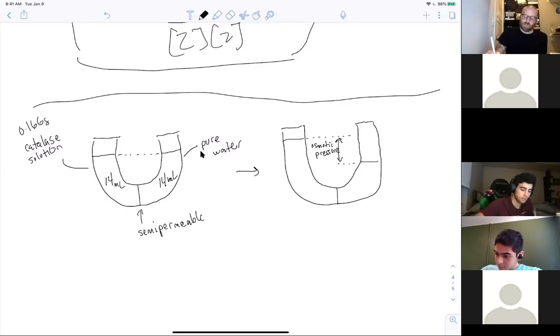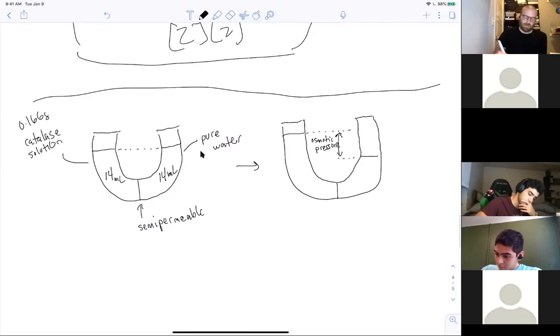And so we can use this to back calculate what the molecular mass is. So the osmotic pressure equation is this. For some reason they use pi for this, and it's related to the molarity times the ideal gas constant times the temperature.